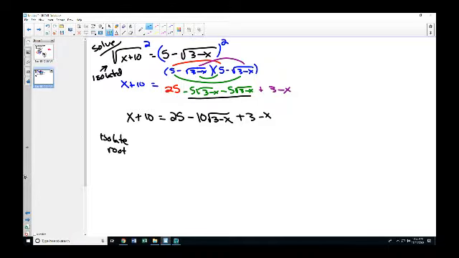Good. Take the numbers and the x's over. You get 2x minus 18.